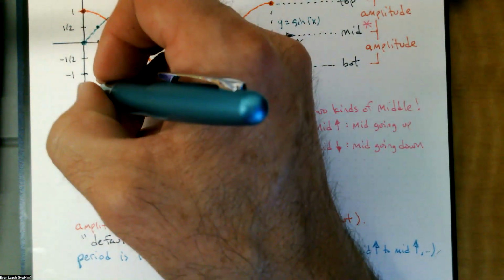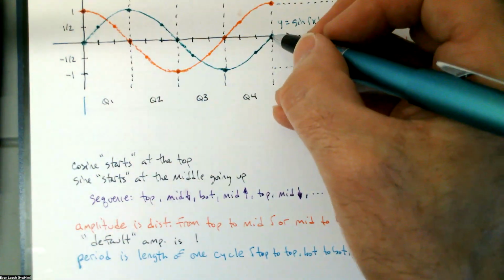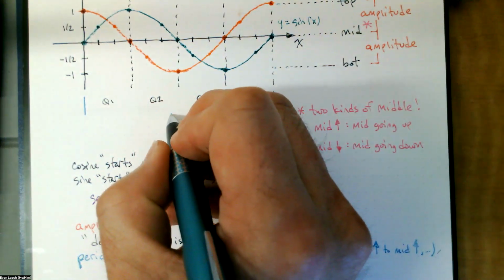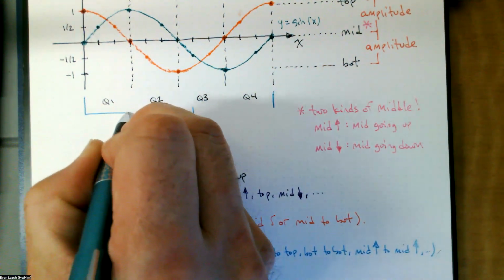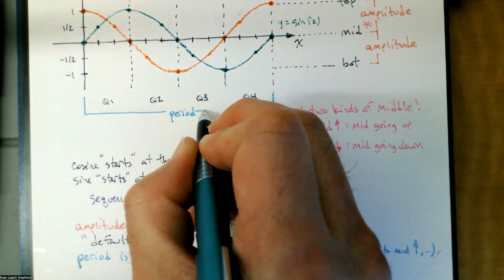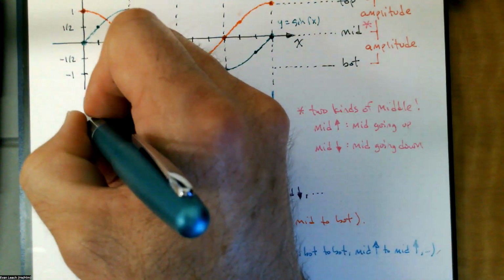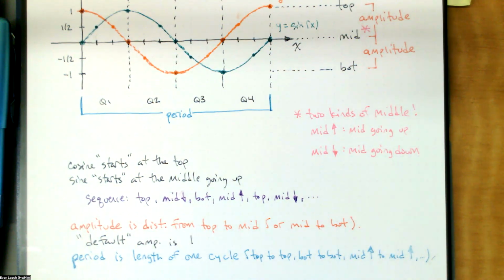So from middle going up to the next point where the middle is going up. Period is your horizontal distance. Amplitude is your vertical distance. Period is horizontal size. Amplitude is vertical size.